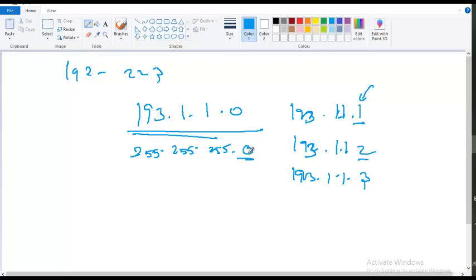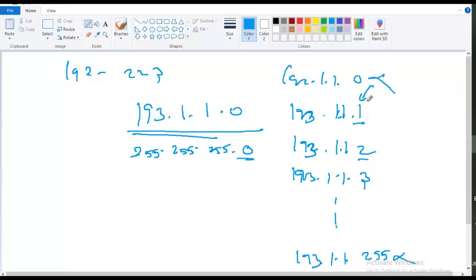Up till where? Till you reach 193.1.1.255, which is not a usable address. Likewise, 193.1.1.0 is not a usable address.